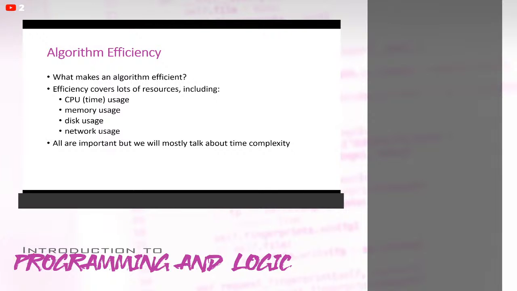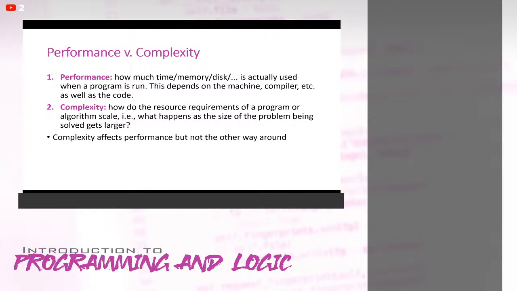So let's break that down a little bit more. What is performance and what is complexity? So performance is dependent on how much time, how much memory, how much disk is actually used when a program is run. And this is going to depend on the machine or the compiler or some other thing. It also depends on the code, right?